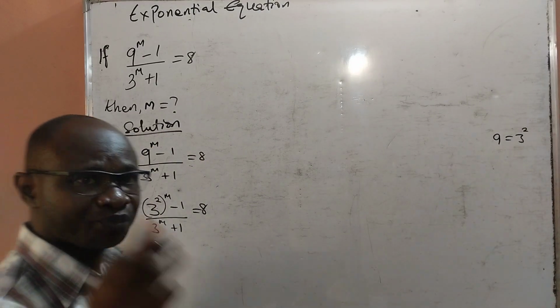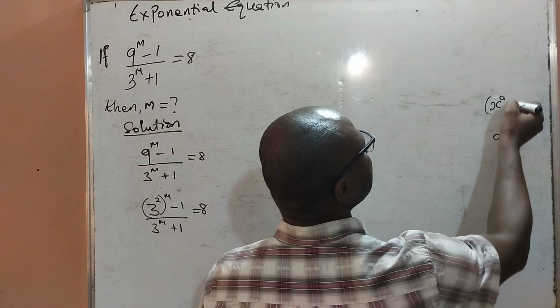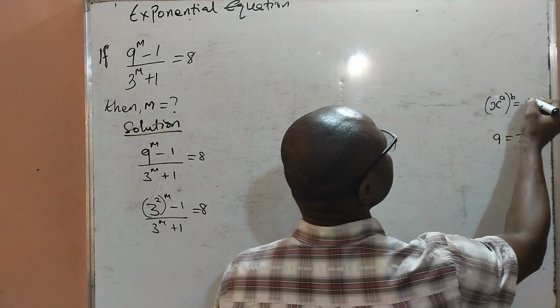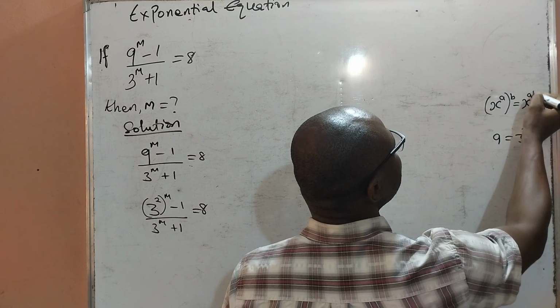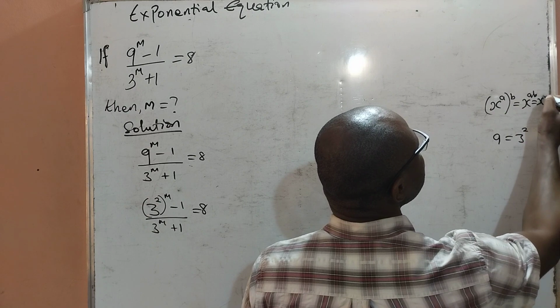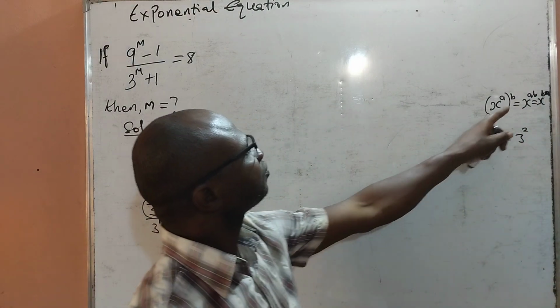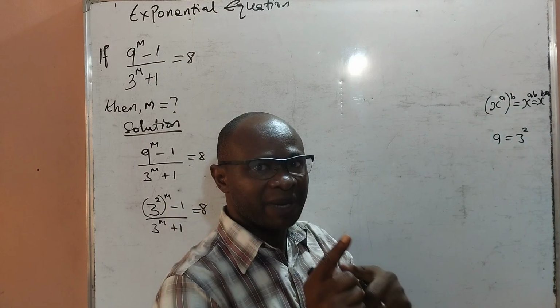At this point, by law of indices, if I have x raised to power a, or raised to power b, it is equal to x raised to power ab. It can also be swapped as x raised to power ba. What does it mean? That the powers can multiply.